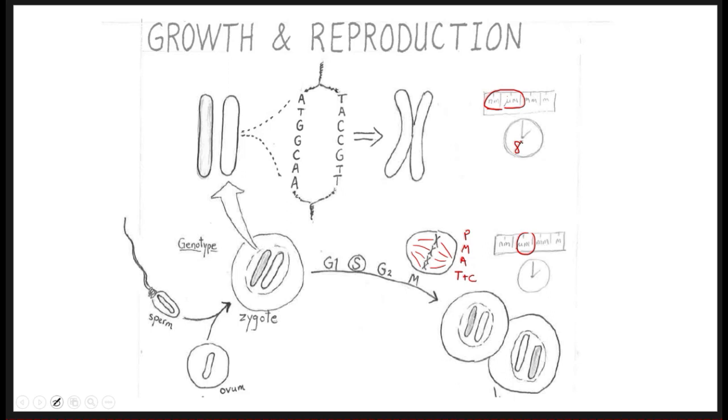And in an ideal setting, this process of duplicating DNA takes about 8 hours. It's important to fit this into bits from chapter 2, where we focused on the cell cycle, if you remember the cell cycle.